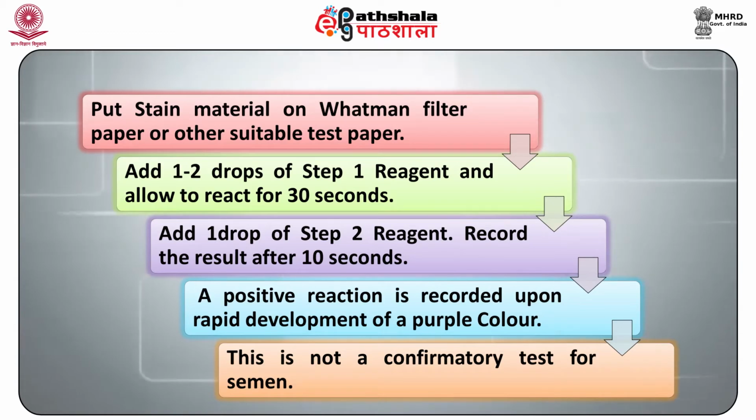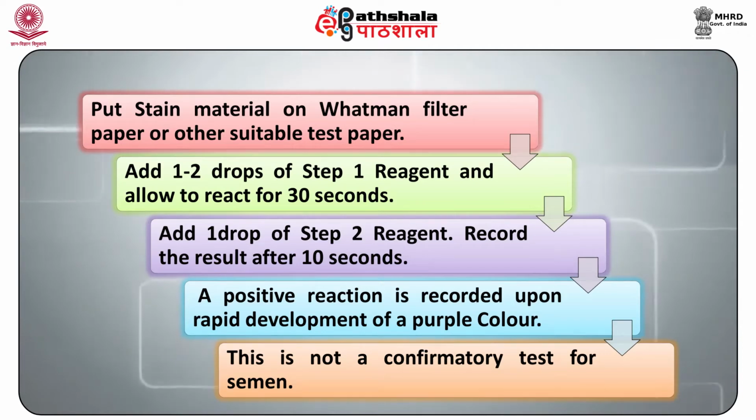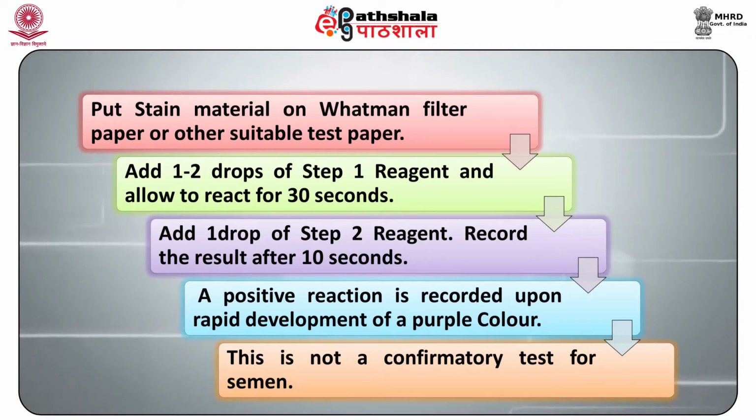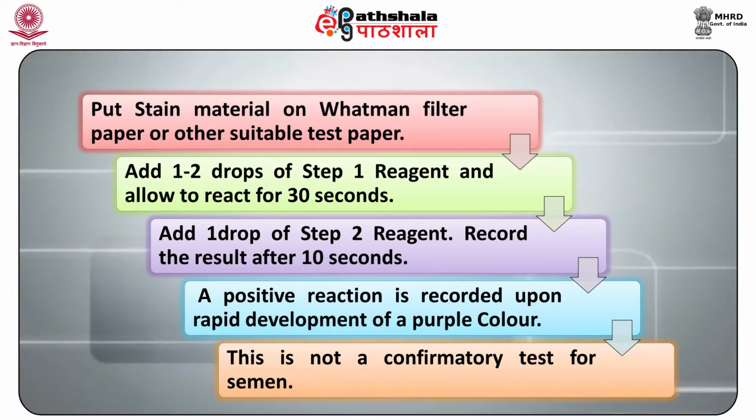Add 1-2 drops of step 1 reagent and allow to react for 30 seconds. No color should be developed at this stage. Then add 1 drop of step 2 reagent and record the result after 10 seconds. A positive reaction is recorded upon rapid development of a purple color.